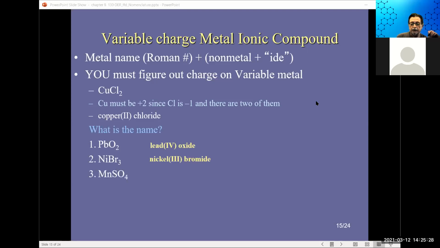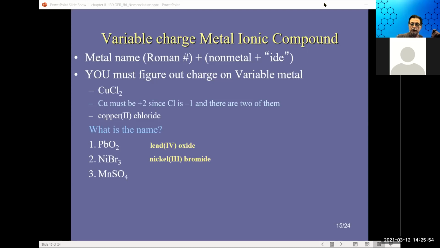Okay, manganese sulfate. Again, which one? We go at sulfur, we're thinking sulfide, but it's not. Why? Because right next to sulfur is an oxygen. So think polyatomic ion, go to the table, you'll see that SO4 is the sulfate and that it has a -2 charge.